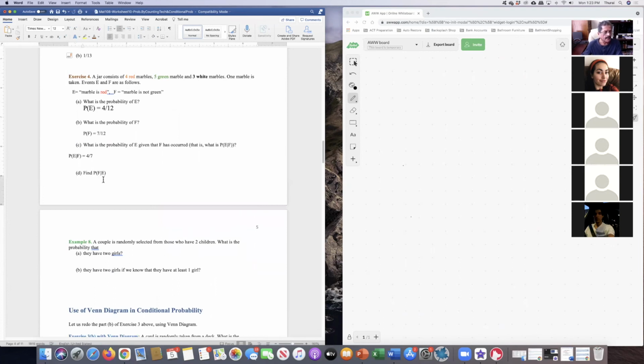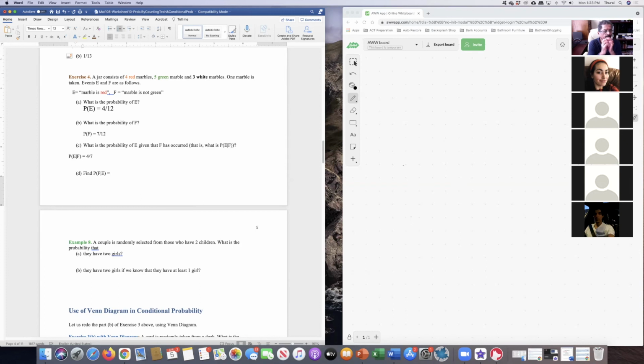All right, the last question is to find the probability of F given E. F given E means E has already occurred. That means the marble is red. What is the probability of F occurring? 7/12. Not really. Keep trying. Would it be 3/12?